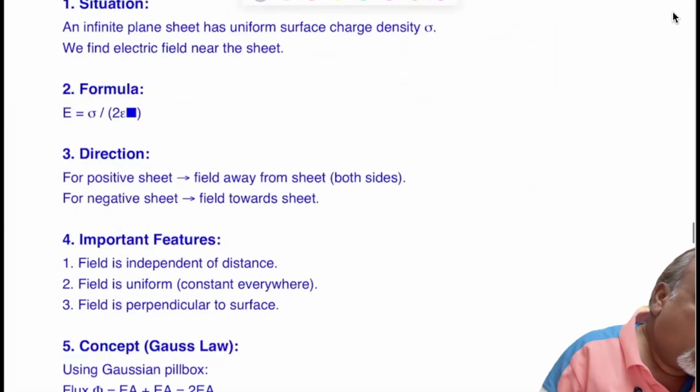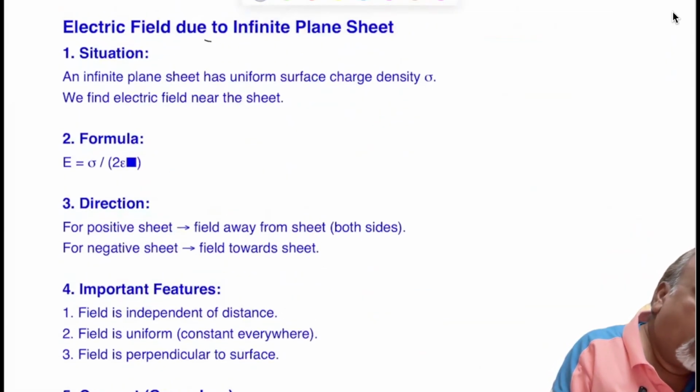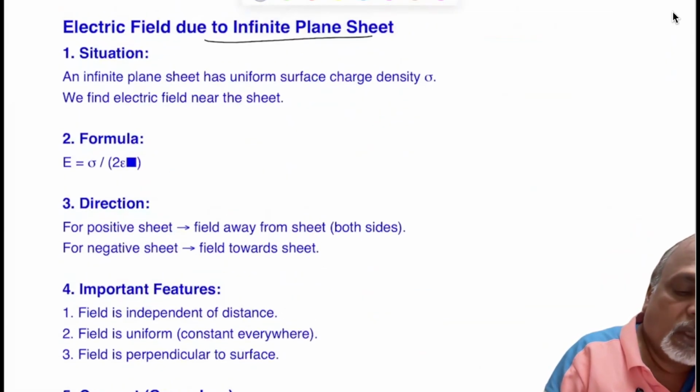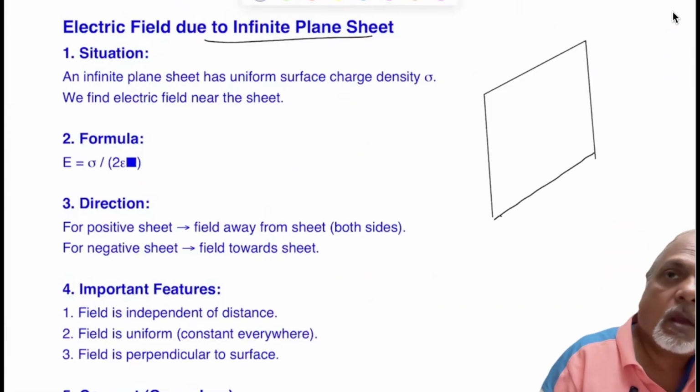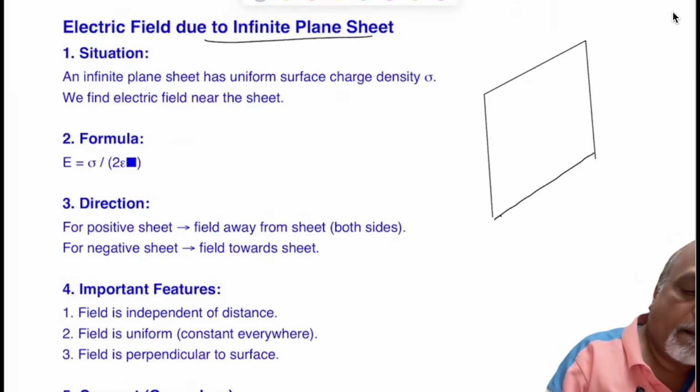Then an infinite plane sheet is there. Suppose now, just see, an infinite plane sheet is there, and your charge density is there.